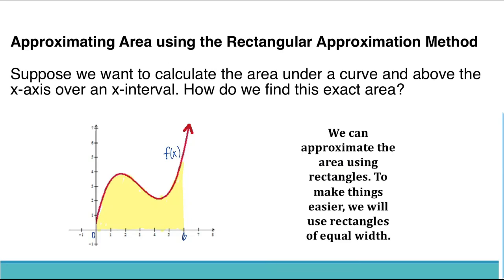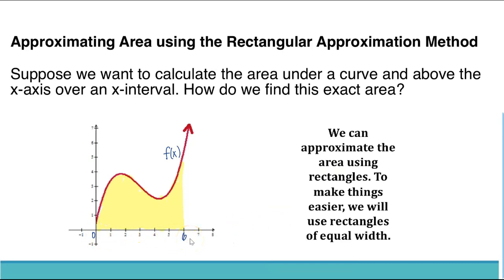So what we can do is we can approximate this area using rectangles because we know the formula for the area of a rectangle. And to make things easier, we will use rectangles of equal width. So every rectangle will have the same width. So I chose this interval here from 0 to 6.